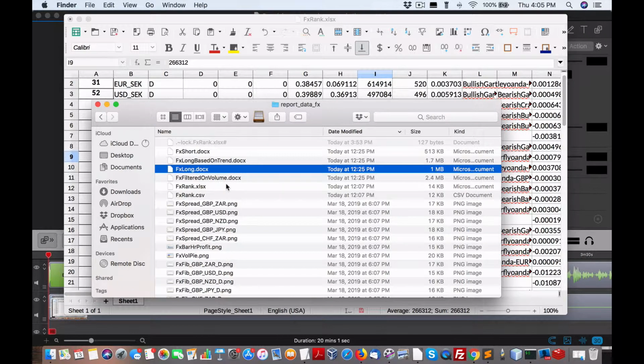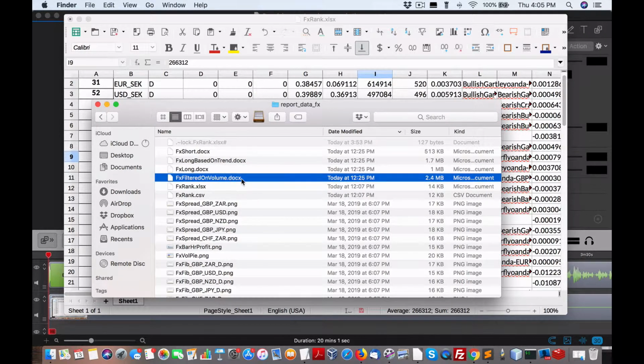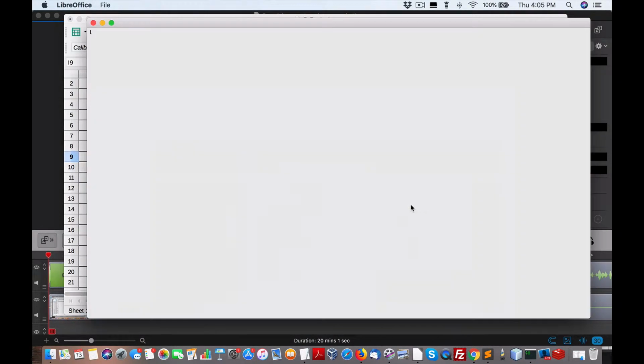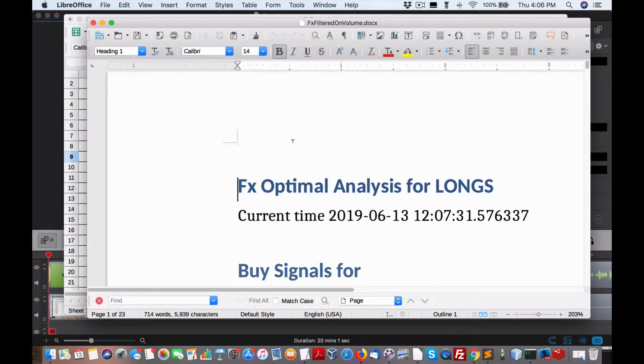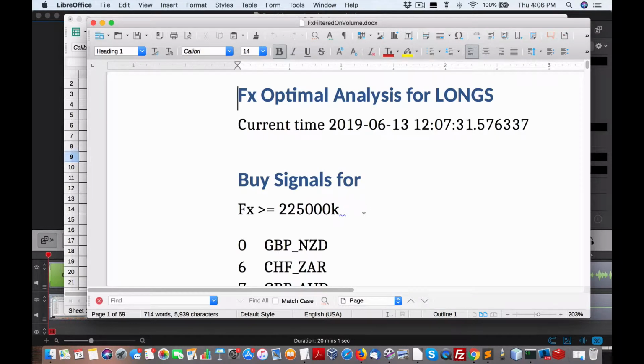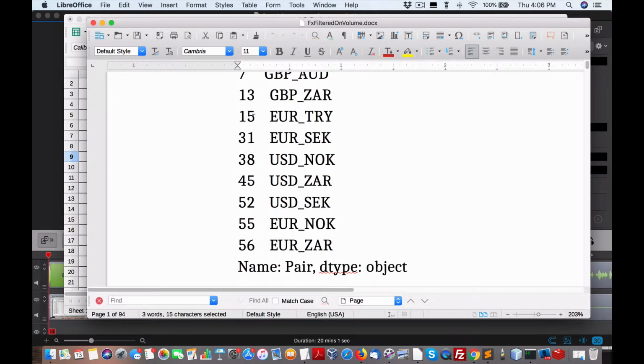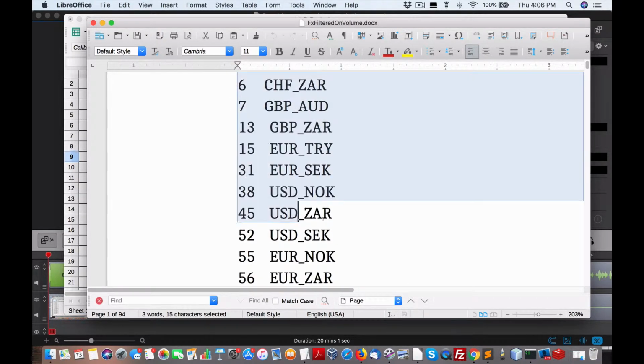I just like to look at usually no more than the top 3, but usually the top 2. So we'll look at the ones based upon volume. So this is volume. Let me show you what's in there. The volume has to be more than 225,000, which these ones meet.